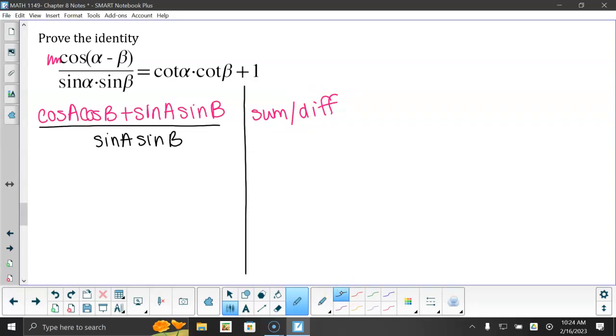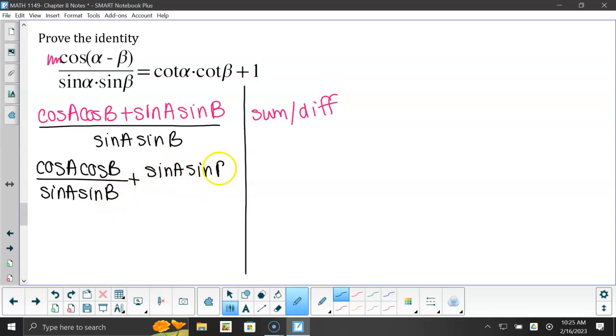So, if you got here and you got stuck, you can actually split this with common denominators. So, cosine A cosine B over sine A sine B, plus sine A sine B. Now, why would I want to do that?